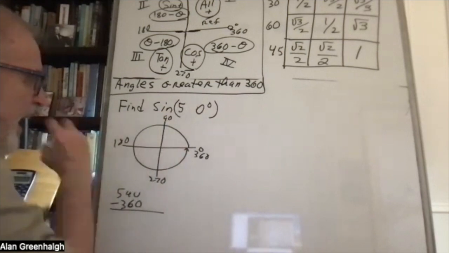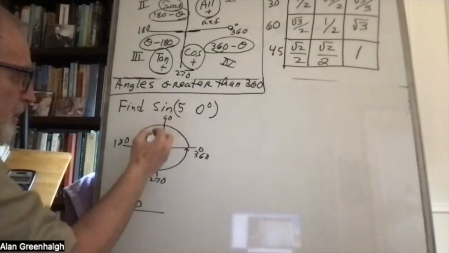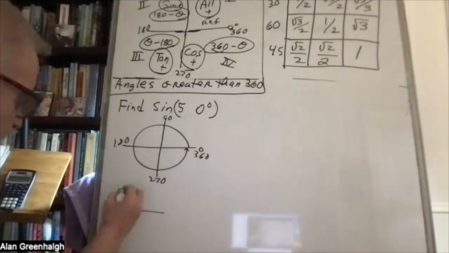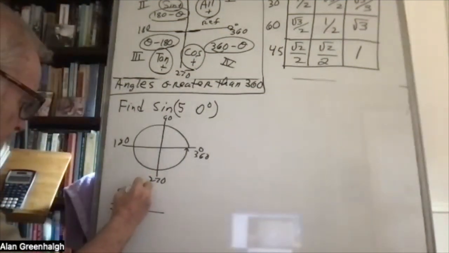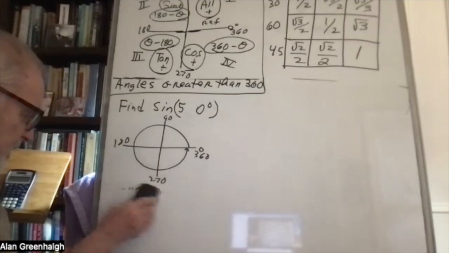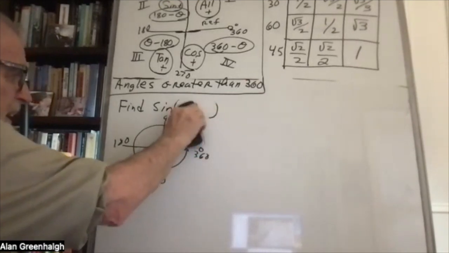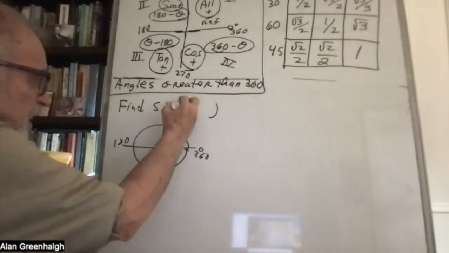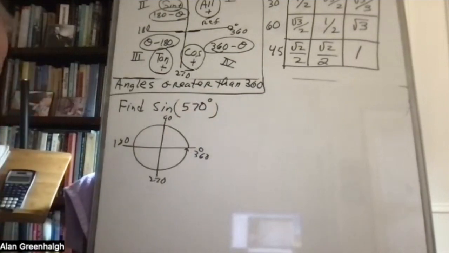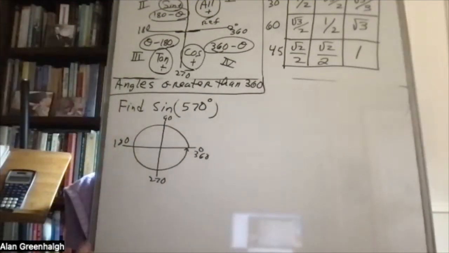That's not going to work. I don't think we're ready for just any angle yet. Let's go with the angle of 570. All right, because 540 was going to come out to 180, which we don't want to get involved in. So okay, 570.